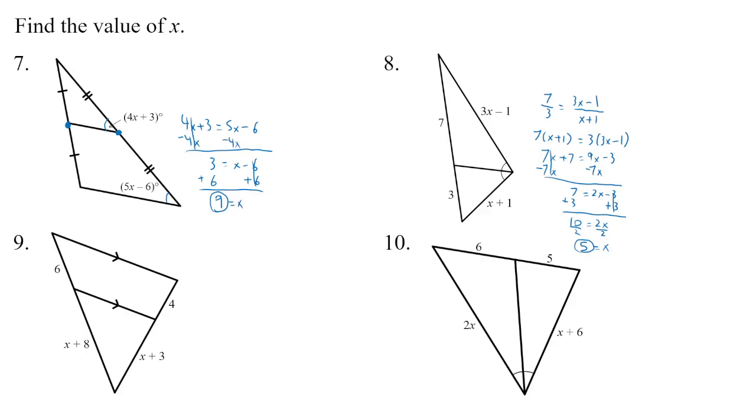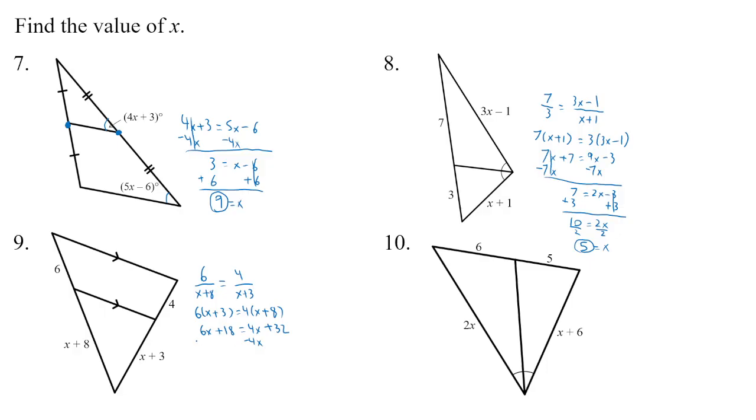On number 9, we have a line segment that's parallel to the third side. So we applied the triangle proportionality theorem. 6 over x plus 8 equals 4 over x plus 3. So we cross multiply. 6 times x plus 3 equals 4 times x plus 8. Distributive property, we have 6x plus 18 equals 4x plus 32.